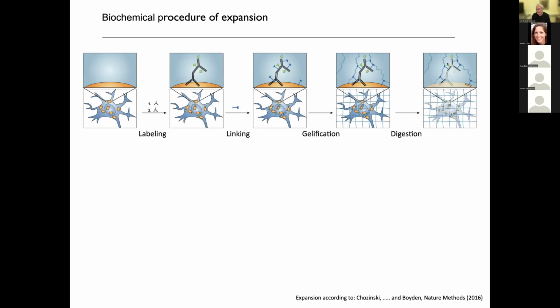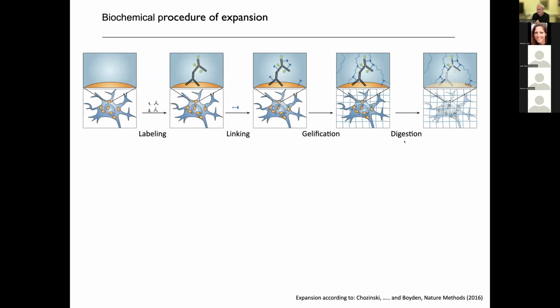But since we keep some of the intracellular protein structures, the smaller peptide regions, and the dyes are still linked to these, and on the other hand, they are linked to the gel via the bifunctional linker, we keep the fluorescence in place. And if we have this sample by the digestion process, it is already quite transparent now.